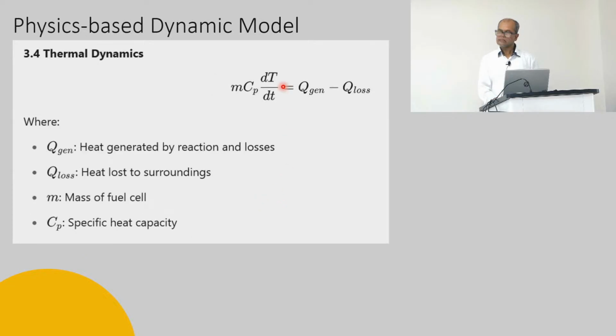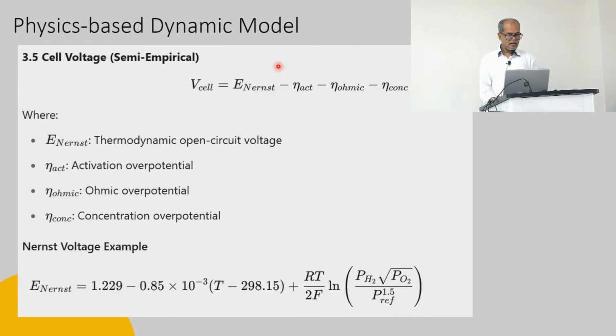And then thermal dynamics, again, this is the single dimensional model, where you consider the heat generation and heat losses, and you need the mass and heat capacity, where T is the variable here, temperature. That's how you can model the thermal dynamics. This one we already mentioned in the previous cases. The cell voltage, which is semi-empirical, we already discussed this model. Using that, you have the cell voltages.